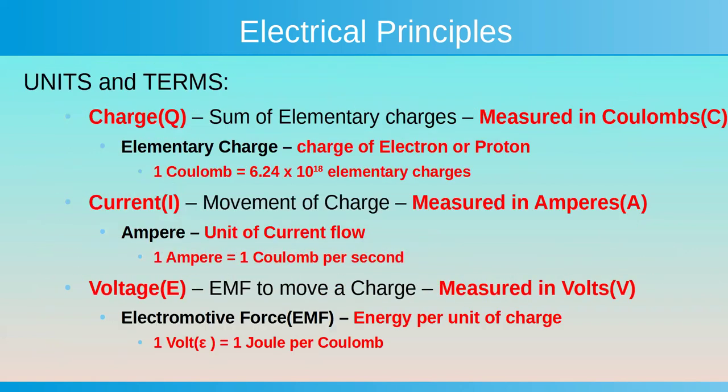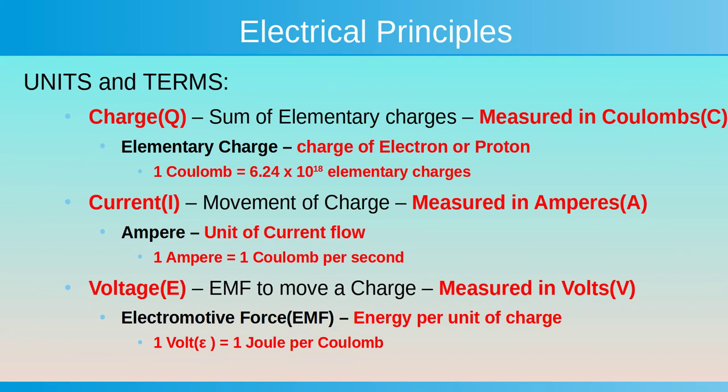So some of the terms you need to get familiar with that we'll talk about, one of them is charge. It's the amount of elementary charges at a particular point, and we measure it in what we call coulombs, named after one of those scientists named Coulomb.